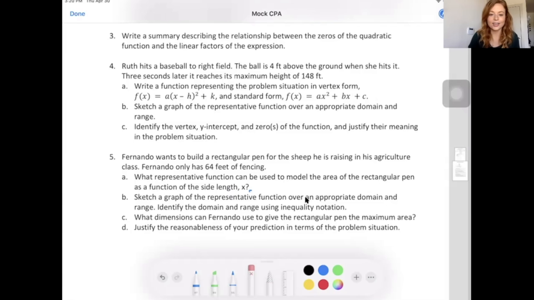So let's look at this. We have some special information in here. It says the ball is 4 feet above the ground when she hits it.